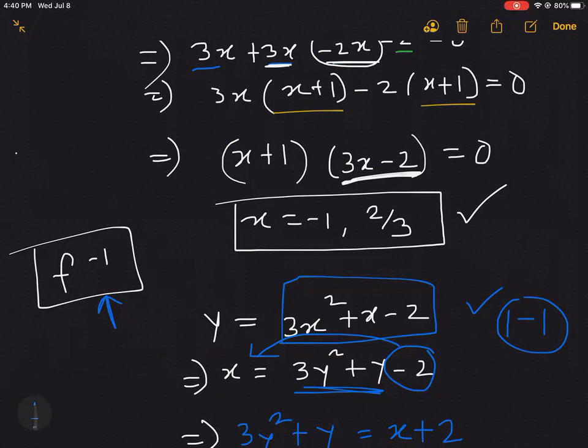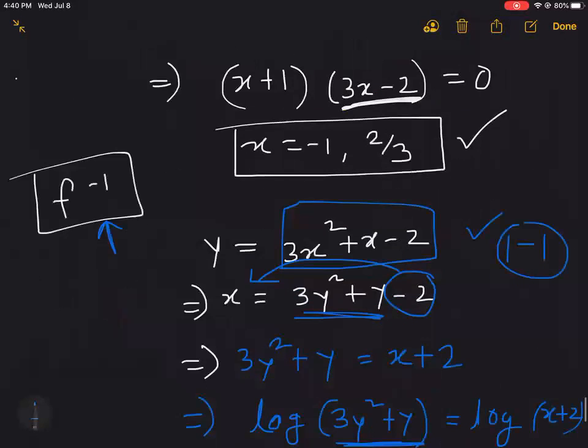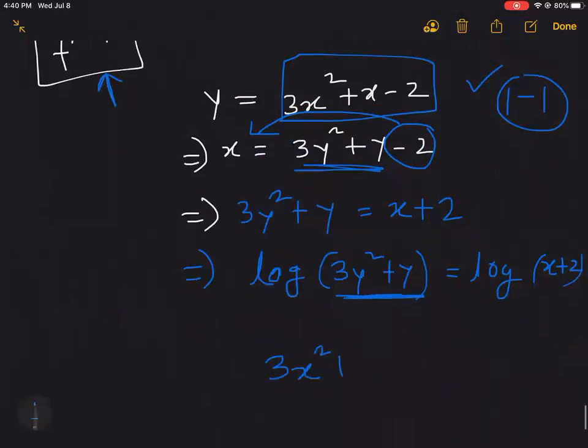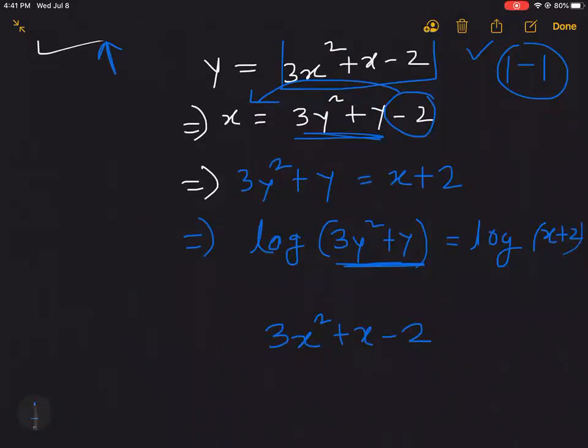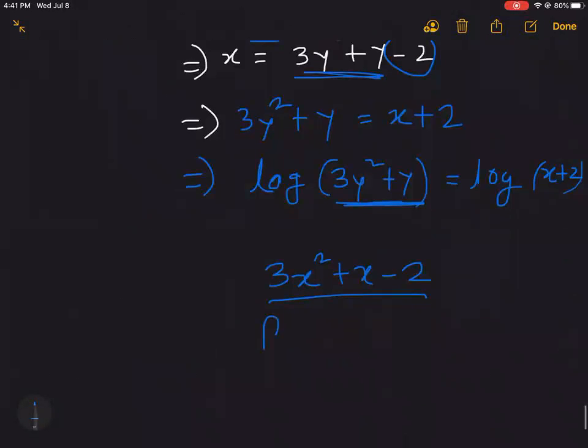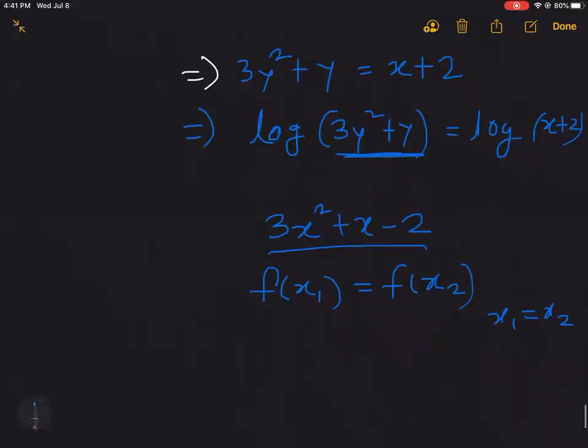So 3x squared plus x minus 2, right? And to check whether it has one-to-one correspondence, we need to check like this. For this, if we get x1 equals x2, then our job is done. Let's do that, okay? So it could be a possibility that it's actually not one-to-one. So then we can't really calculate the inverse, right?